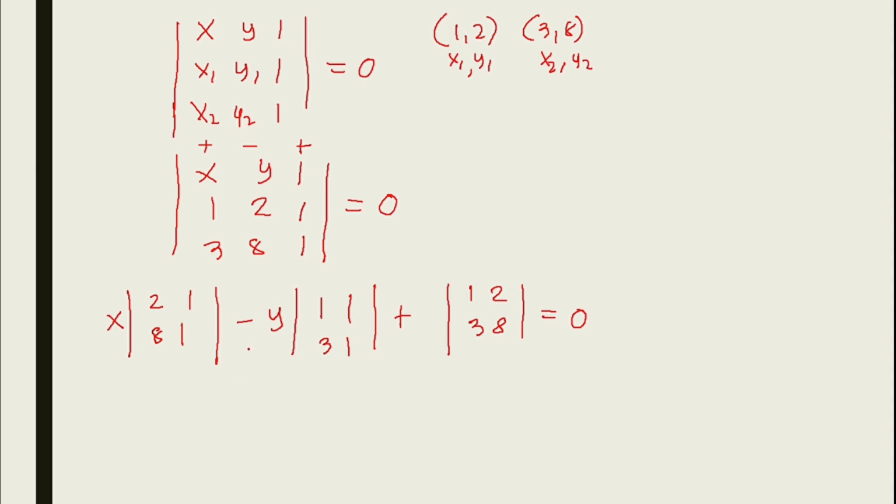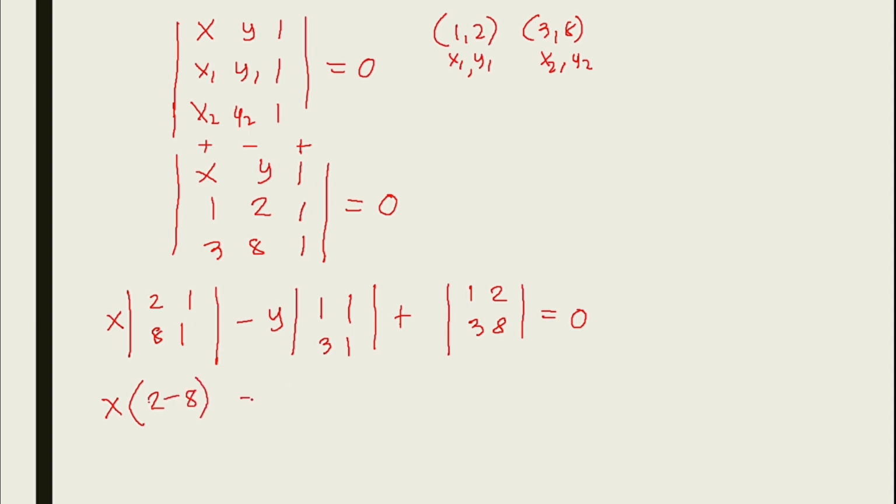Okay, the first row. With x, when using the concept of finding the area of a polygon, we have positive and negative. So when we multiply downward, this is positive, and when we multiply upward, this is negative.